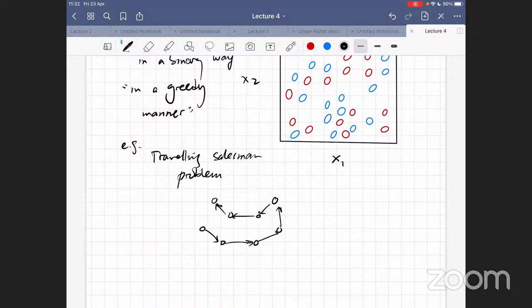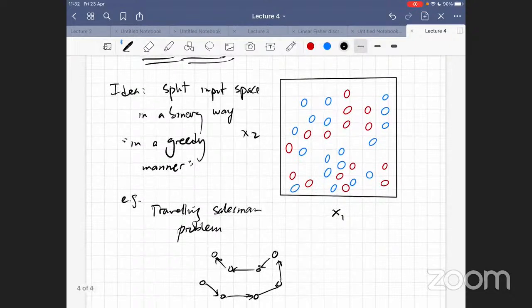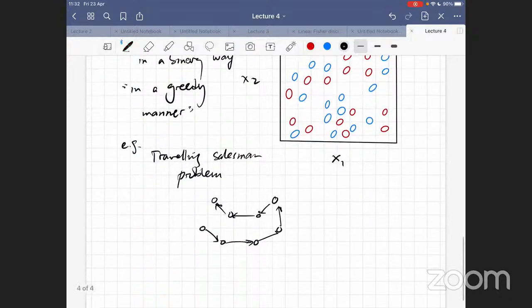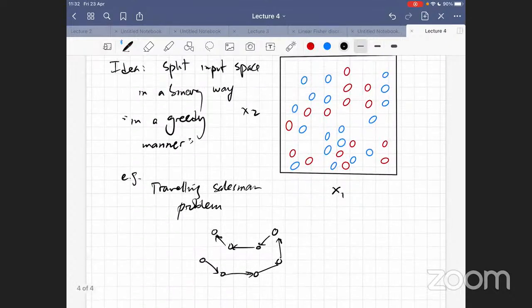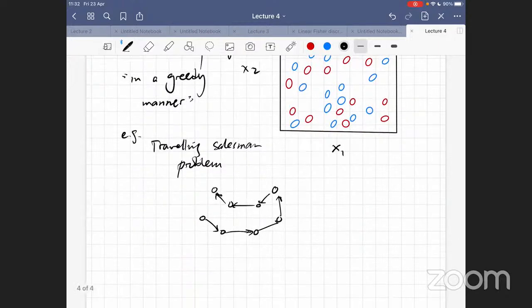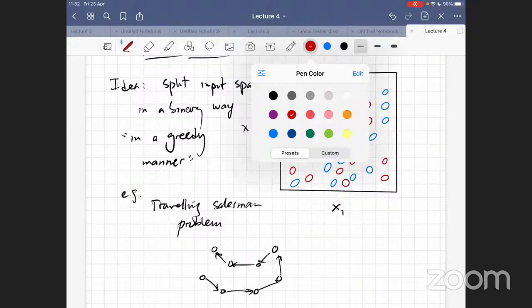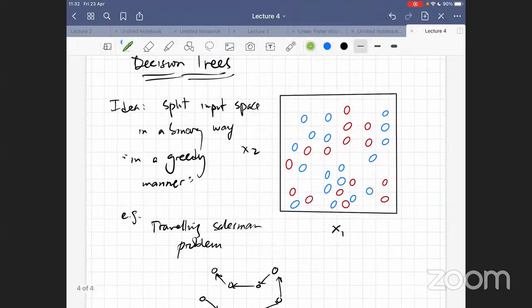So something like this. Going back to this figure, a greedy way to do this and to split it in a binary fashion is the following. You split the variable with some value that maximizes the representativity of some class, for example. So imagine that you now decide to, let me put this in another color, have the following partition.